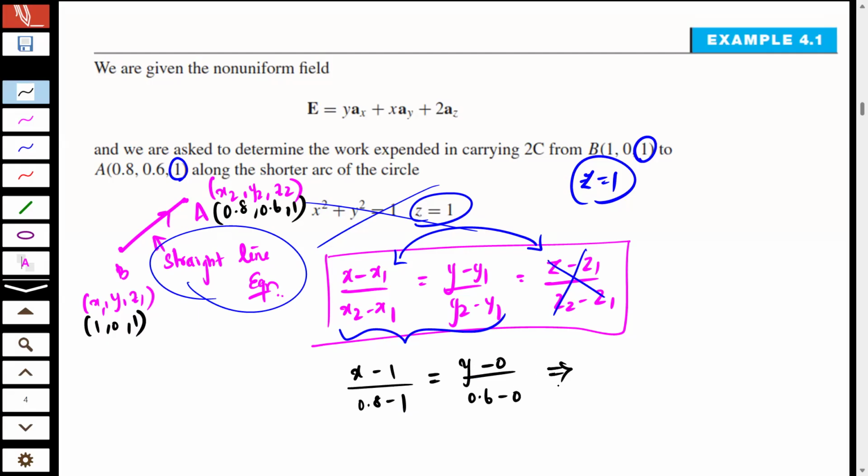So this is going to give the equation x by minus 0.2 equals y by 0.6. Or I can write this as, this is 1 times, means this is 3 times. So I can write x equals minus y by 3.